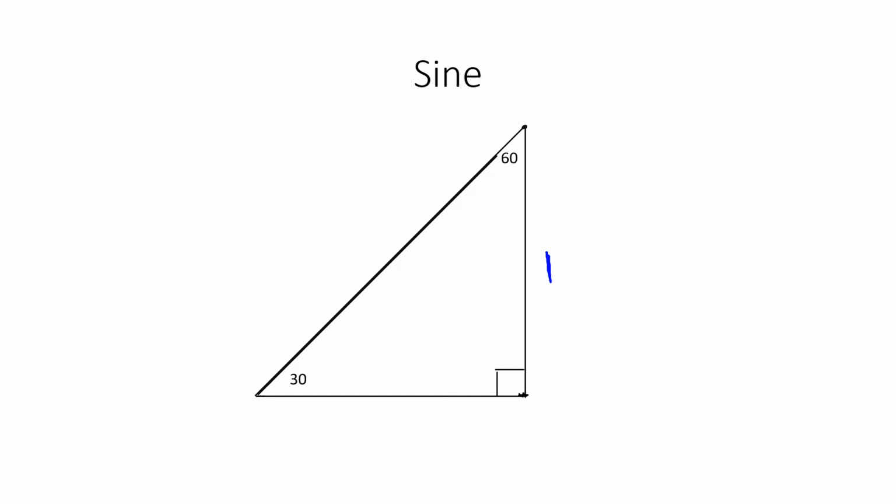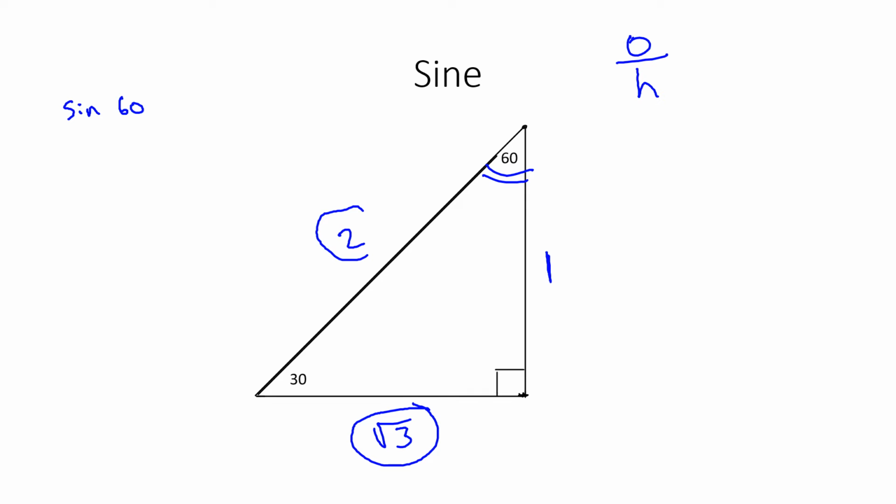So opposite the 30 is 1, opposite the 60 was radical 3, and opposite the 90 was 2. So if we wanted sine of 60 degrees, remember that sine is opposite over hypotenuse. So the opposite side of 60 is radical 3, and the hypotenuse is 2. So it's going to be radical 3 over 2 for the sine.